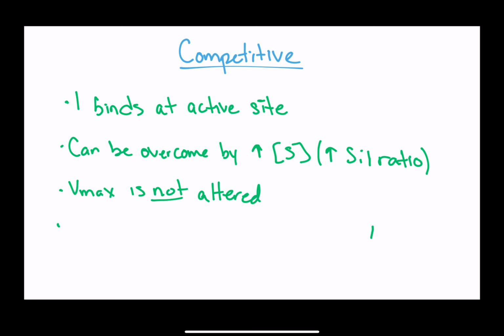Now, because this inhibition is able to be overcome by the substrate amount being able to outcompete the inhibitor, this means that the max velocity, or Vmax, is not altered. However, this type of inhibition does cause the Km, or the concentration of substrate required to reach half of the maximum velocity, to increase, which points to the affinity decreasing.